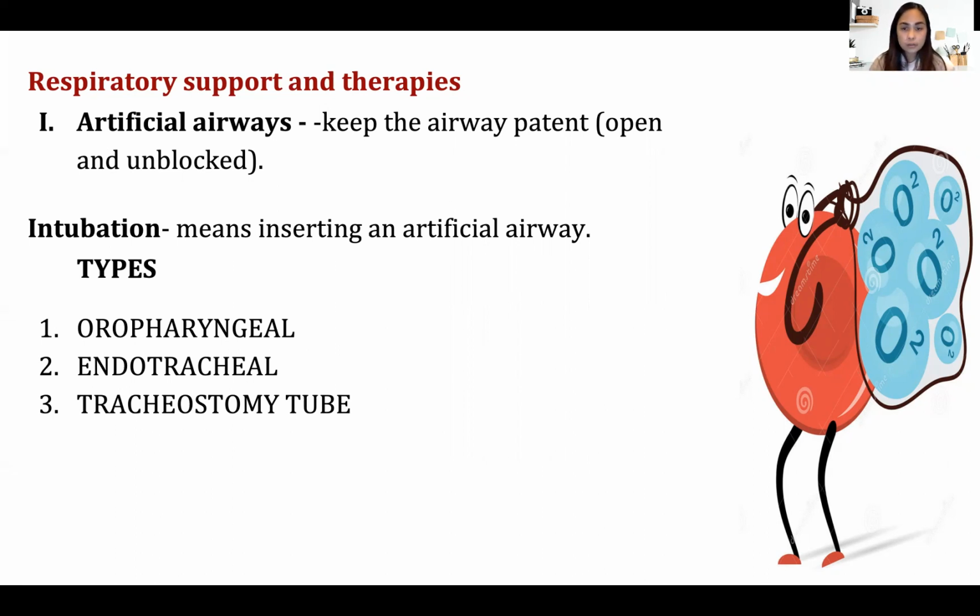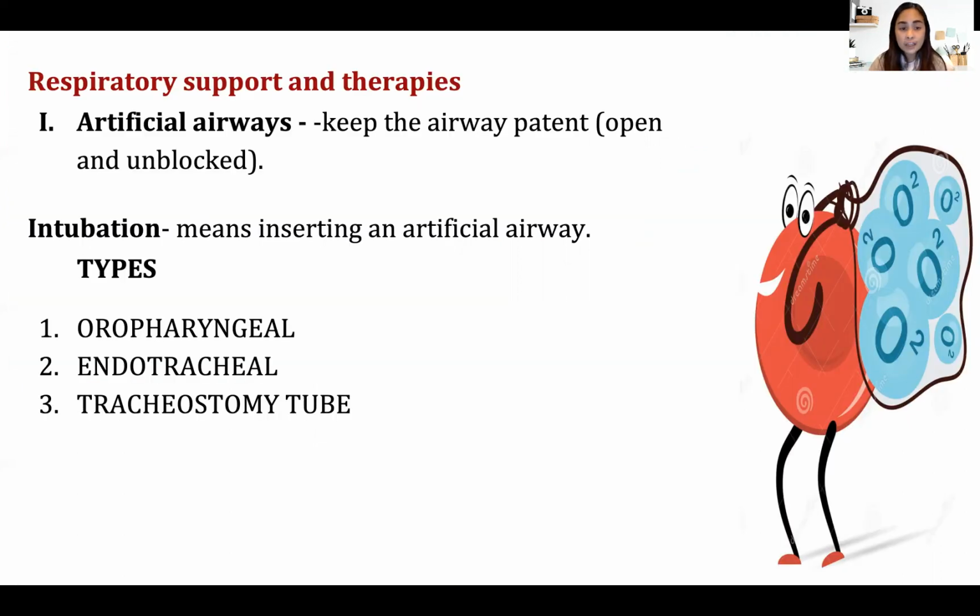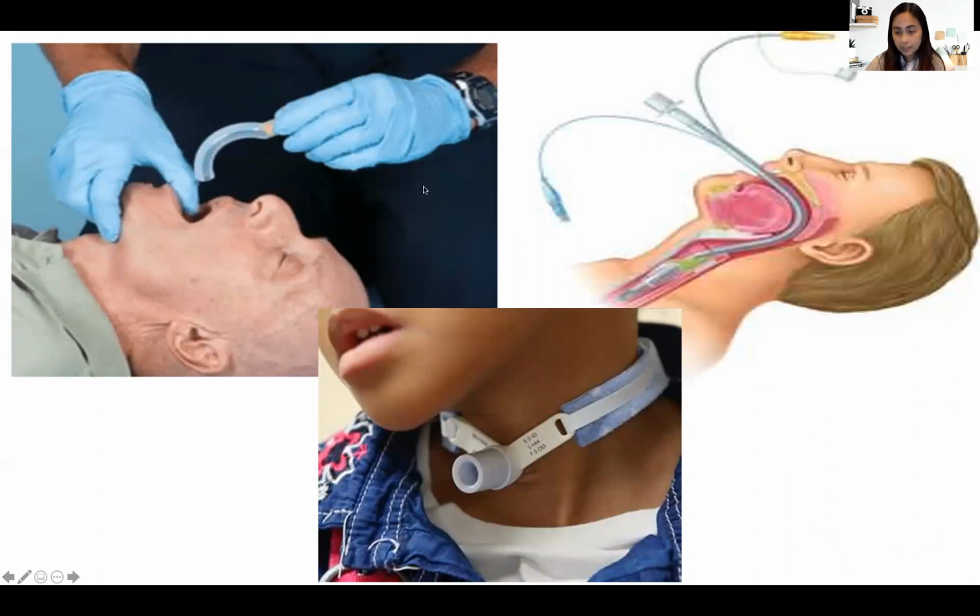If we're talking about oropharyngeal, oro means oral, so they put it from the mouth to the pharynx. When we're talking about endotracheal, they put it from the mouth to the trachea.